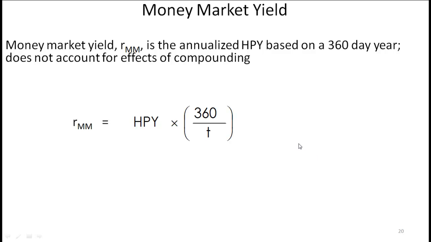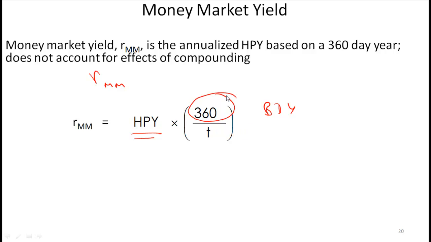The money market yield, called RMM, is the annualized holding period yield on a 360-day year basis, and it does not account for the effect of compounding. So the formula is this: the money market yield is the holding period yield into 360 divided by T. So like the bank discount yield, this deals with a 360-day year.